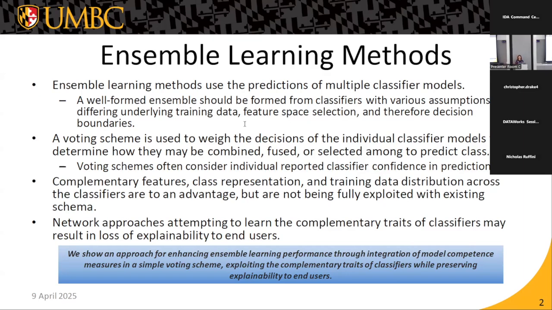You have less transparency in how each of the individual classifiers was used to get the final decision. So what I'm trying to find is a middle ground between these, where you are able to pull the ensemble in, still exploit where there's complementary design in them, but it's still transparent to end users how the result was surmised.